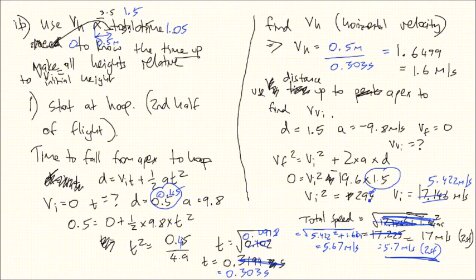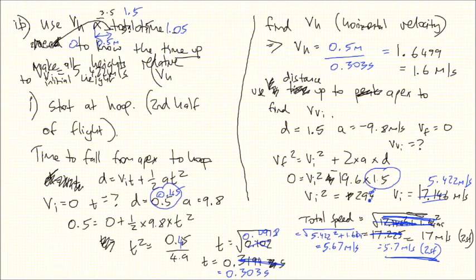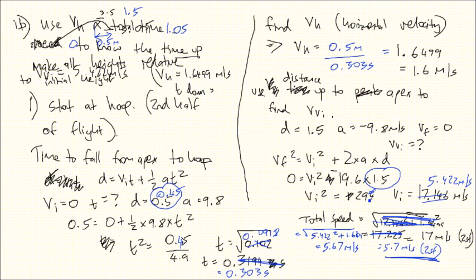I'm just going back a slide to gather some information to use. You can do this using, as I do in this case, the two times and the horizontal velocity. You can do this with d equals ViT plus half AT squared to find the total time. There are so many possible ways. You can probably use every equation in the book.